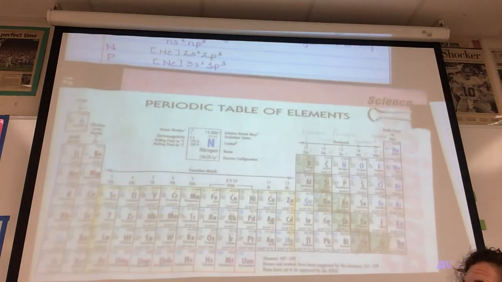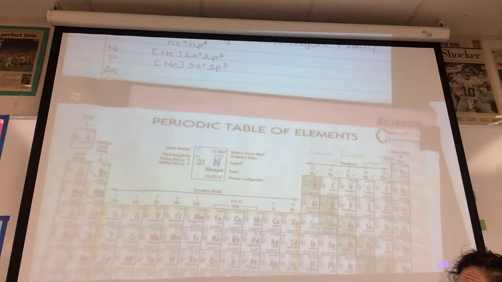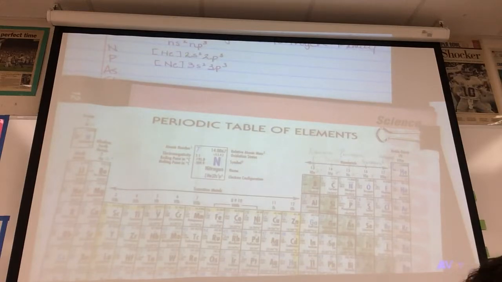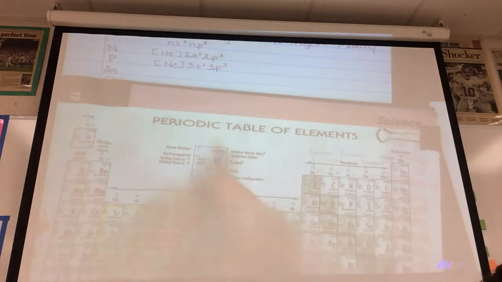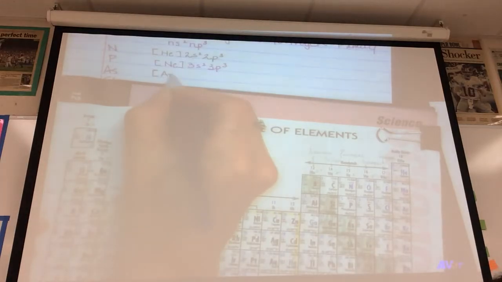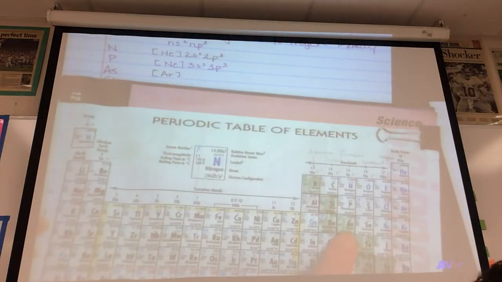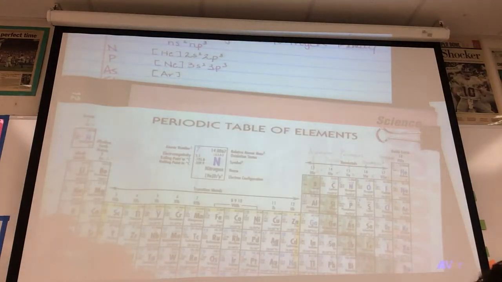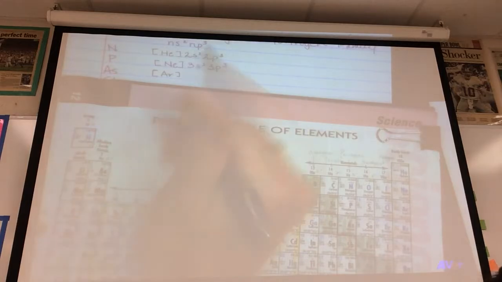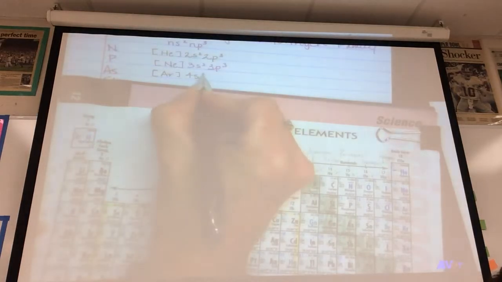Now for the next row, we've got arsenic. Right here, what's the noble gas? Argon is correct. Now arsenic is in the 4th period. Is it in the S block? No. But now we have to be careful.